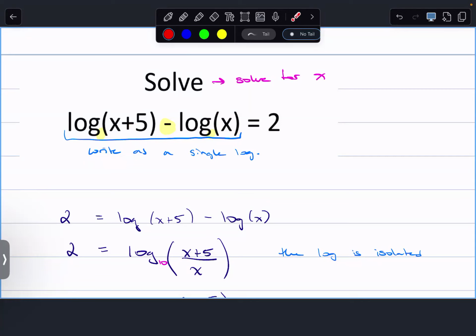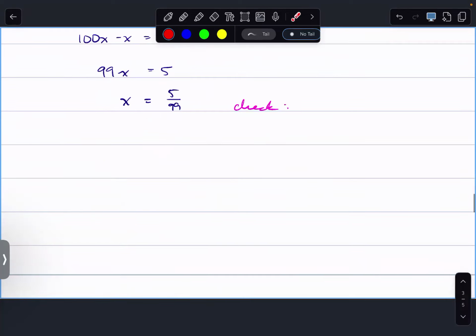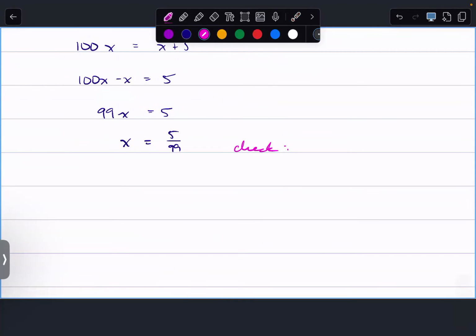And so I'm more concerned with this x here. So we're going to check that x is greater than 0, and 5 over 99 is greater than 0. 0.0505, let's say, is greater than 0. Check. And of course, 0.0505 plus 5 is also greater than 0. Okay. Nice.